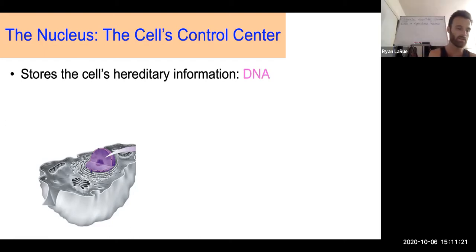It acts as a protective vault, because our DNA, as we'll see later on in the semester, is extremely important when it comes to cell function, body function, growth and development. The nucleus is an organelle devoted to containing it.